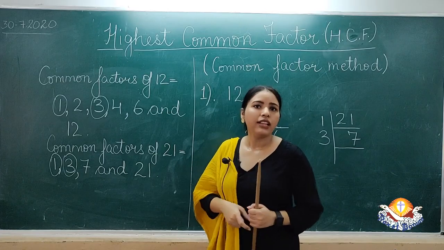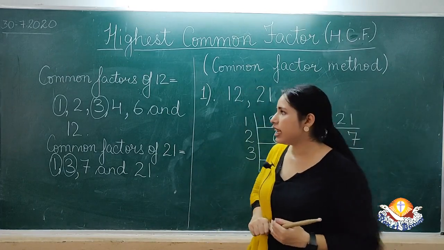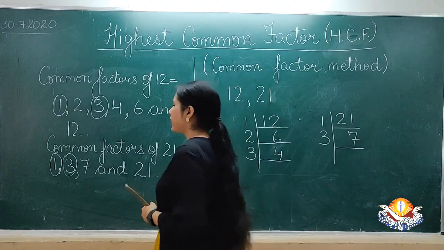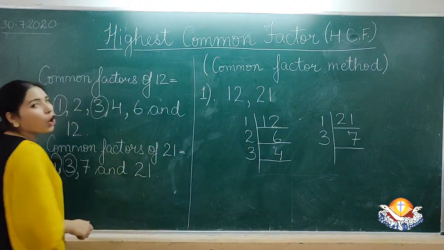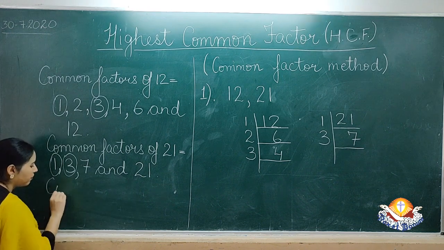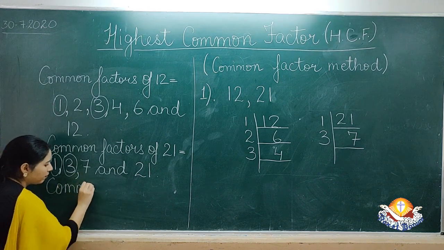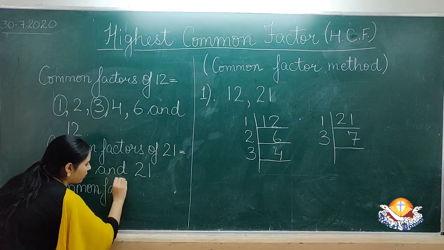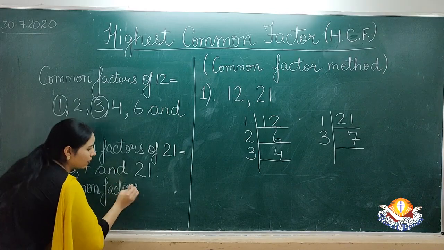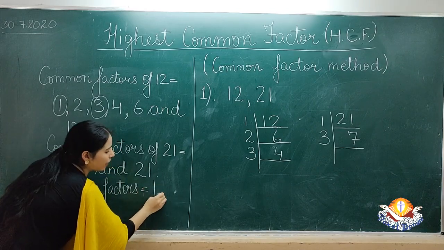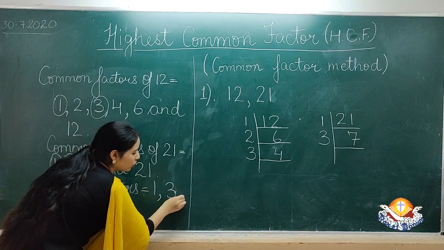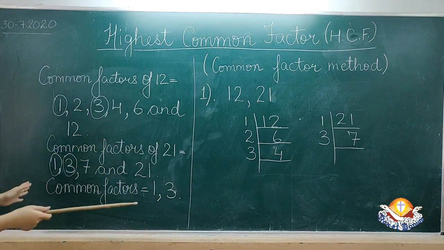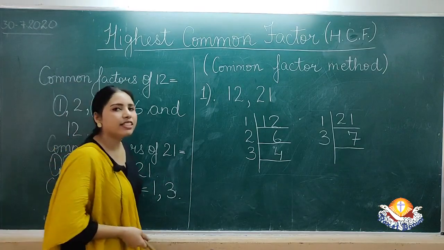So now we know that the common factors among these are just two, which are 1 and 3. So in the next line, we write the common factors. 1, comma, 3.